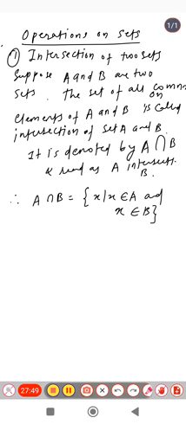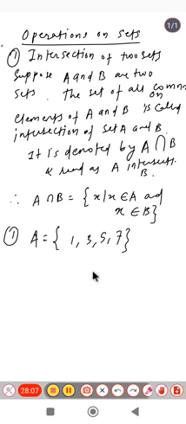You can understand by taking one example. For example, here we take A, and in the set B we have 2 3 6 8.